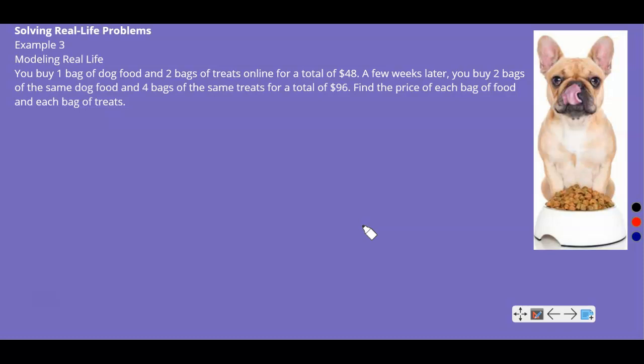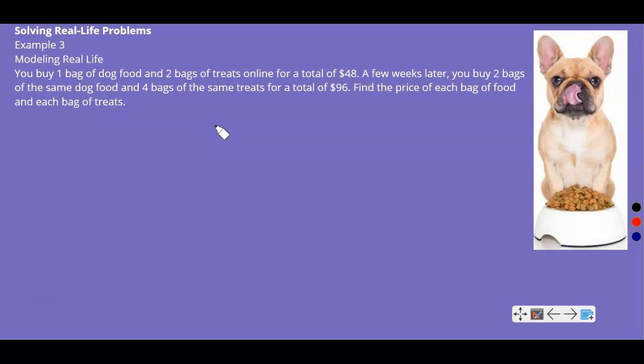All right, so you can see that unless they've raised the prices, these are probably equivalent equations, but let's set up an equation and see what happens. So we're going to say let x be dog food, I guess.